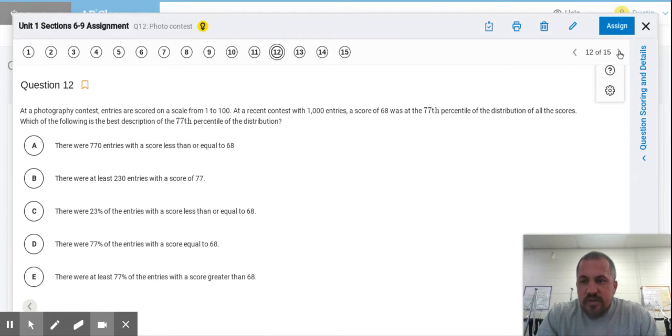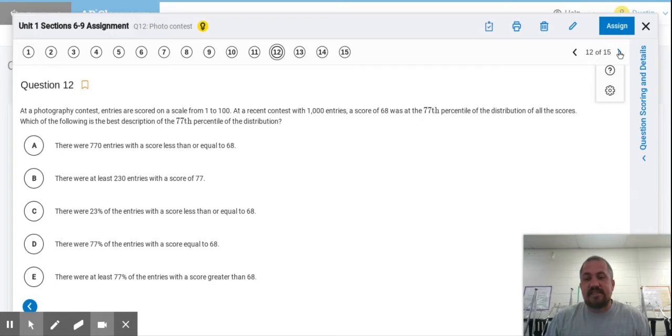In question number 12, it says, which of the following is the best description of the 77th percentile? If you're in the 77th percentile, that would be above Q3, because remember, if we're thinking about a box plot, the minimum is at 0%, Q1 is 25%, the median is 50, Q3 is 75, and then the maximum is 100.